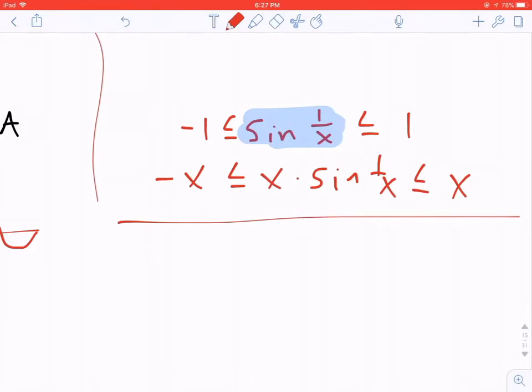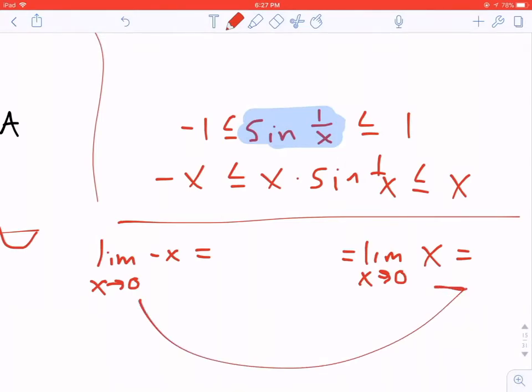What is the limit as x approaches 0 of -x? What's the limit as x approaches 0 of x? If those answers are the same, then this middle approaches the same thing.